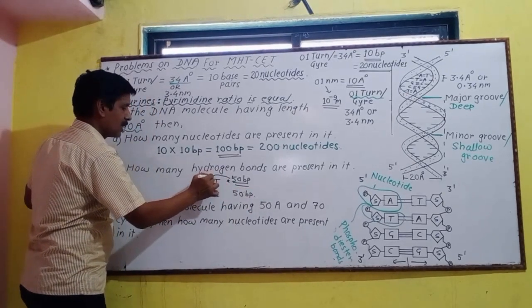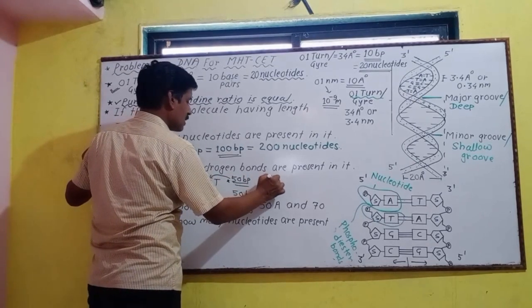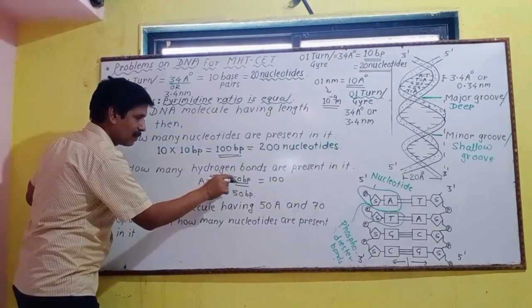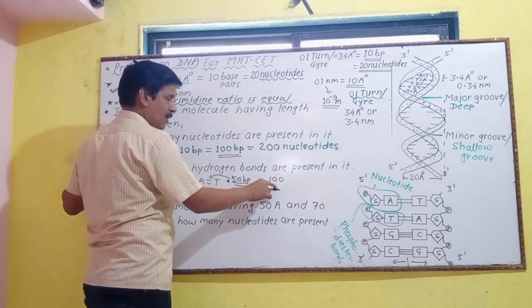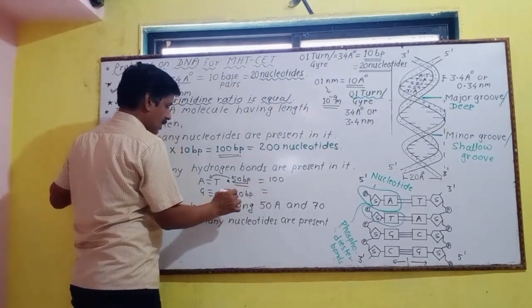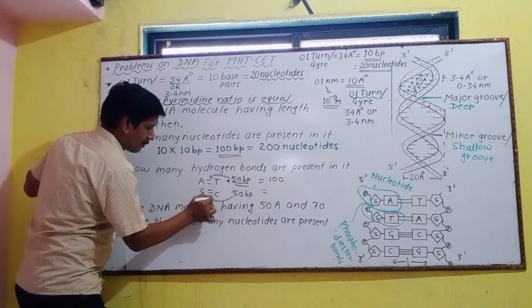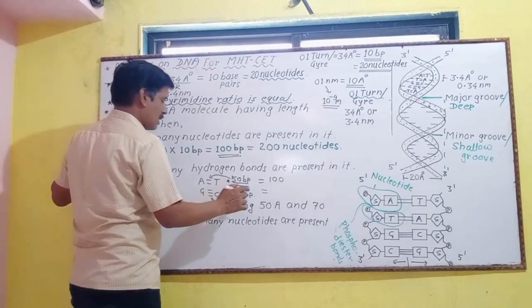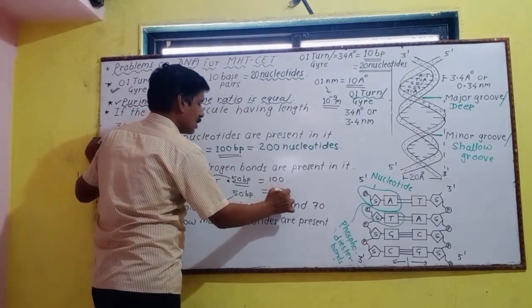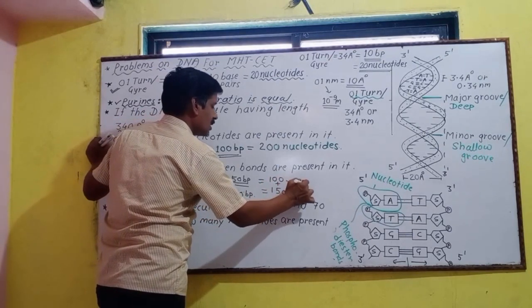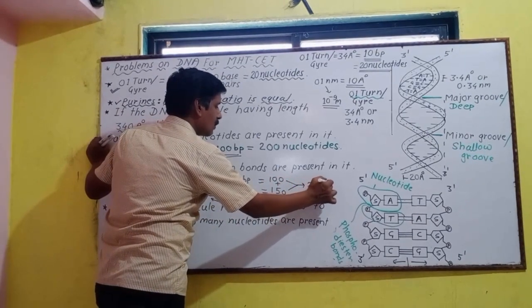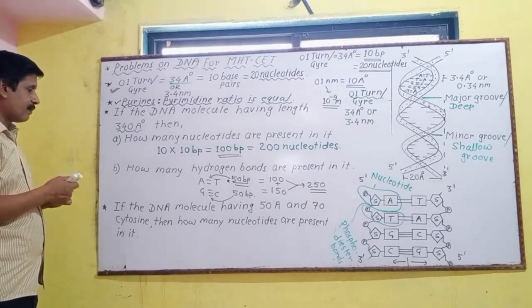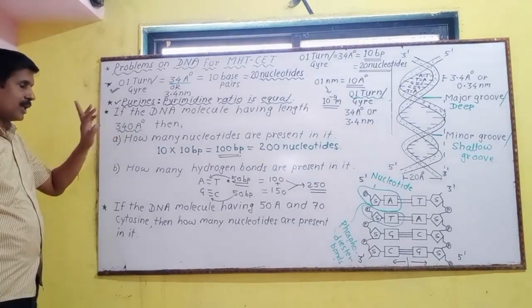Means 50 multiplied by 2 hydrogen bonds, we can obtain 100 by multiplying this 2 hydrogen bonds by 50, and so the number of hydrogen bonds is 100. Then again 50 multiplied by 3, because between guanine and cytosine there are 3 hydrogen bonds, means that is 150, and so we can add this and obtain 250 hydrogen bonds in this DNA having a length 340 angstrom.